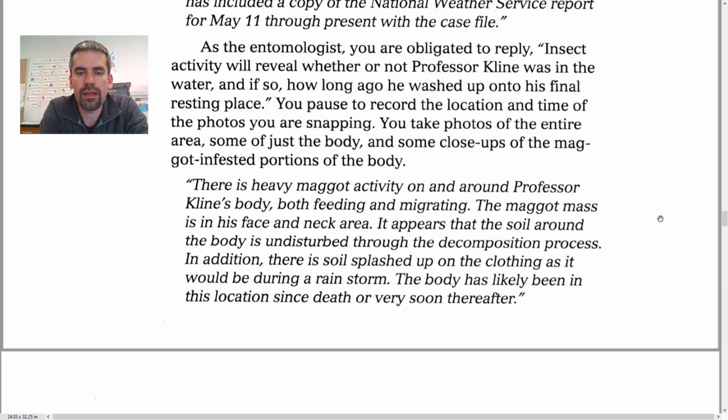There is heavy maggot activity on and around Professor Klein's body, both feeding and migrating. The maggot mass is in his face and neck area. It appears that the soil around the body is undisturbed through the decomposition process. In addition, there is soil splashed up on the clothing as it would be during a rainstorm. The body has likely been in this location since death or very soon thereafter.